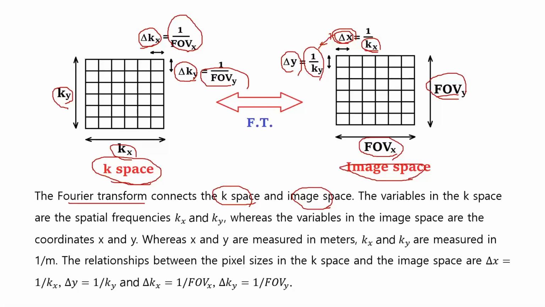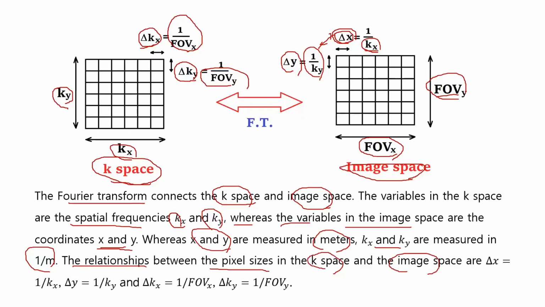The variables in the k-space are spatial frequencies Kx and Ky, whereas the variables in the image space are coordinates x and y. Whereas x and y are measured in meters, Kx and Ky are measured in 1 over meter. The relationship between pixel sizes in the k-space and the image space is given by this relationship. Okay.